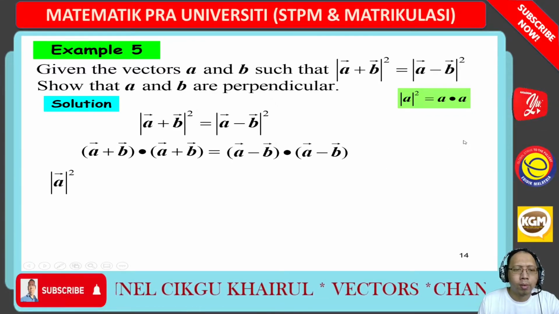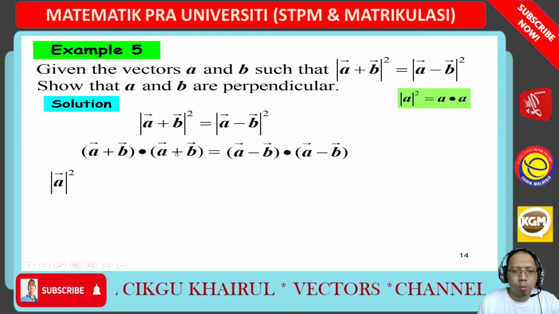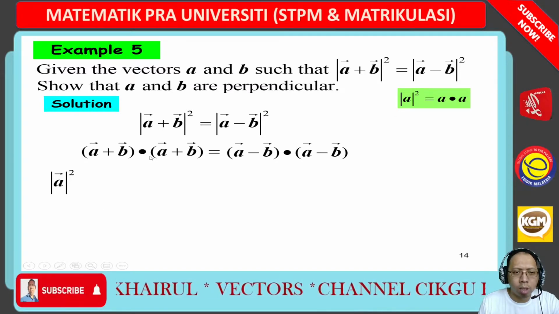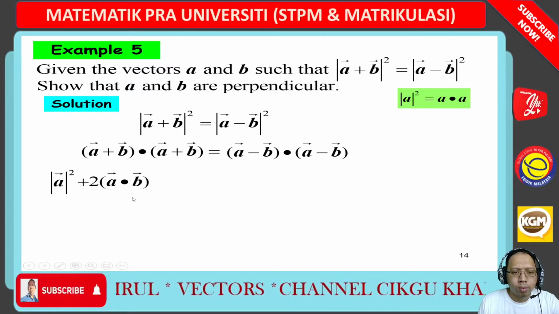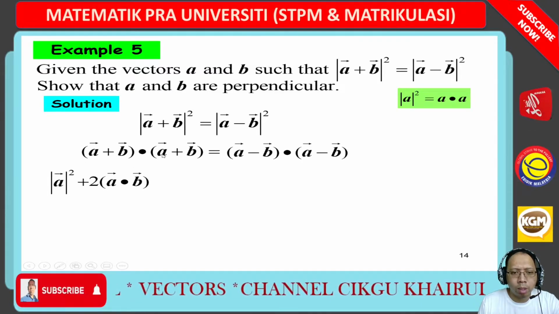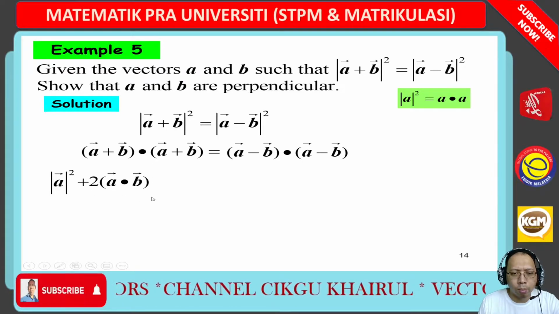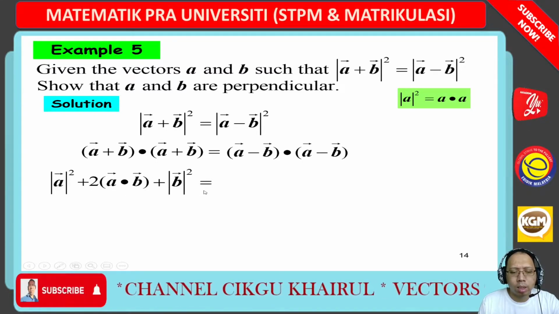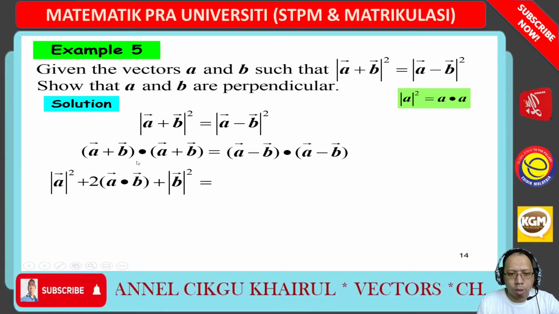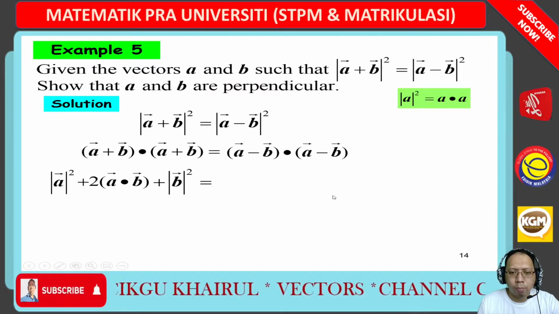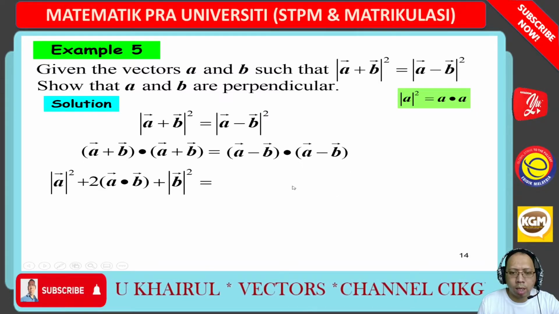Okay, A dot A we get magnitude A squared. Okay, we expand this one. A dot B and B dot A is equal. That's why we get 2A dot B plus magnitude B squared, because B dot B. Okay, the same process at the right hand side.